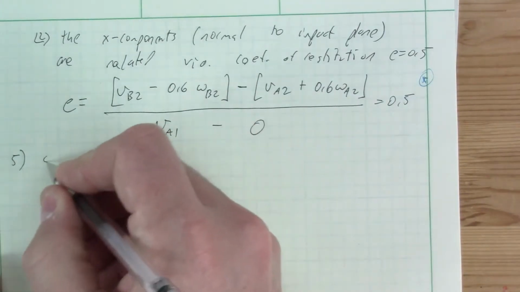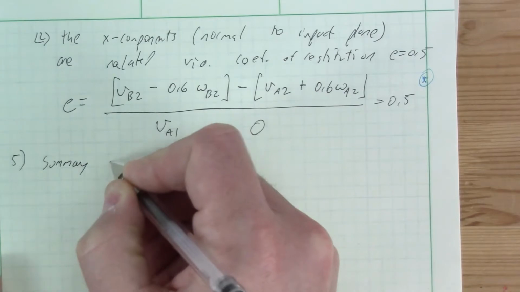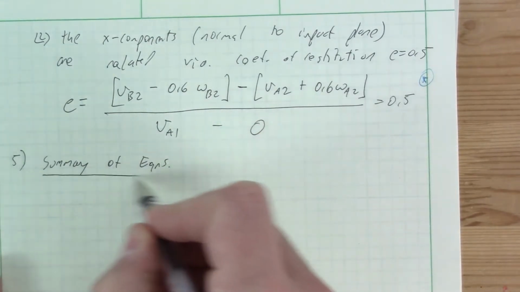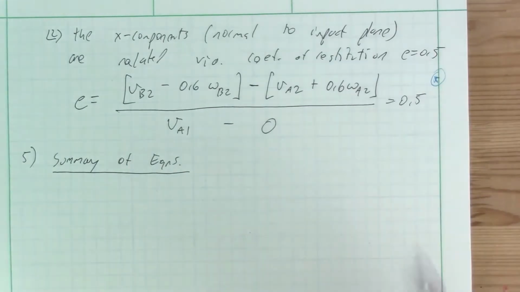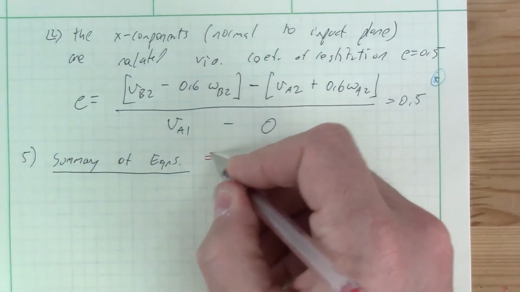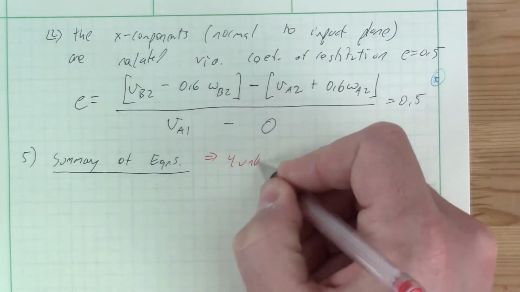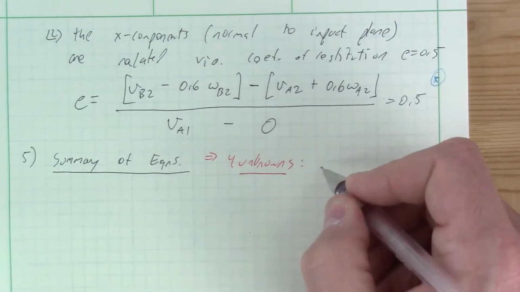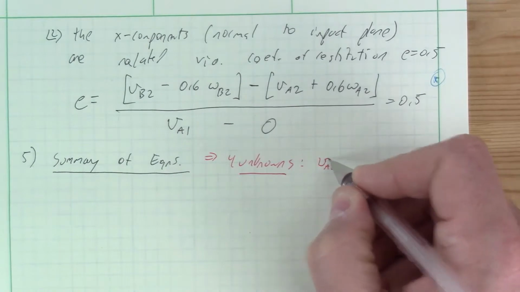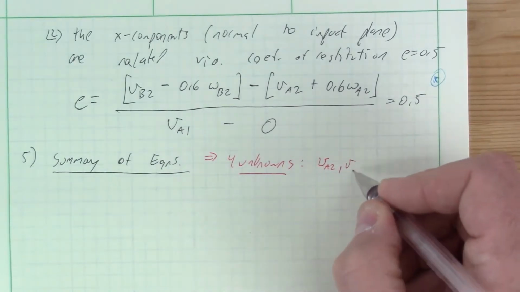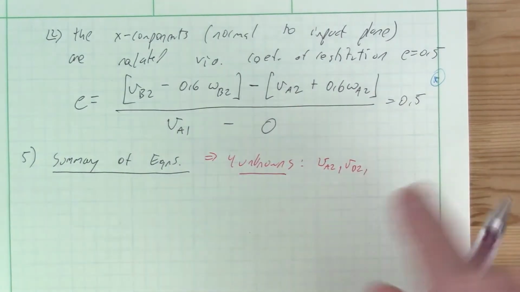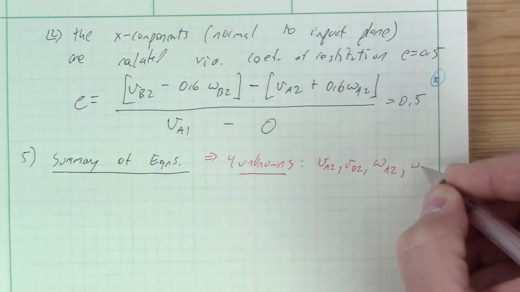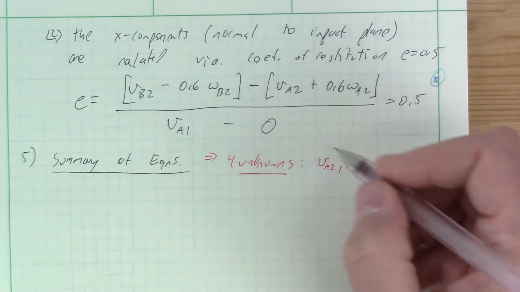It's important that we keep track of how many unknowns we have so we know when we have enough information to solve the system. The 4 unknowns are the velocity for car A after collision and the velocity for car B after collision, both for the centers of mass, and then their angular velocities after as well.